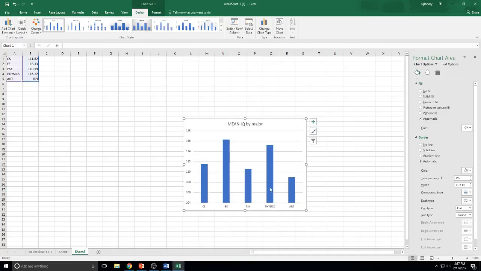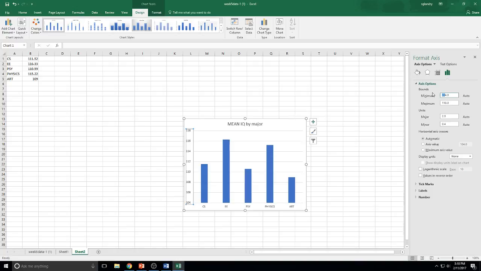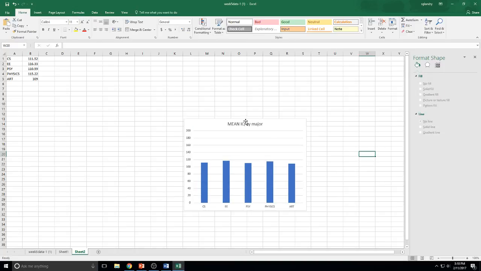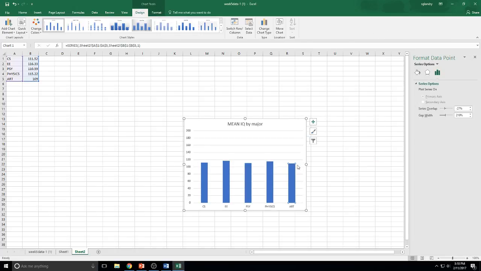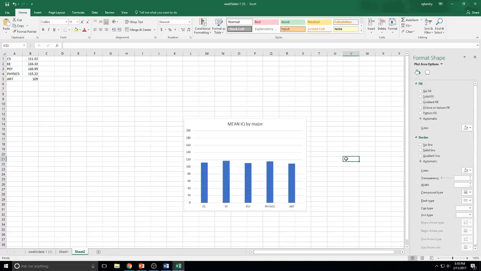It's better if this range started... Can I format the axis? Just see how you can pretty much lie by zooming in right here. Since we're zoomed out all the way from 0 to 200, there's no real big differences between here. I mean, what's our range? We go from like 109 all the way up to 115. It's a range of like 4. That's not that big.